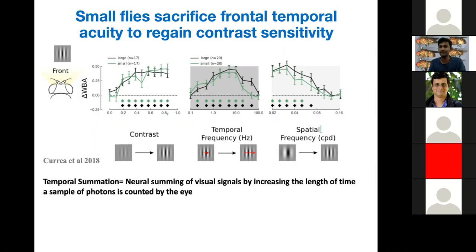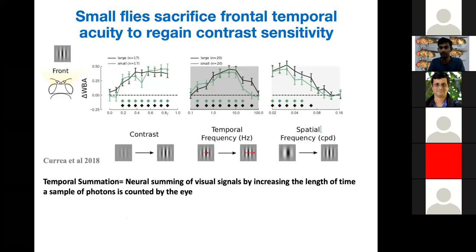You're summing visual information over time, and that helps you increase the contrast of the image that you see, so that increases your contrast sensitivity. But one drawback is that because you're temporally summating, your temporal acuity would reduce. And that's exactly what we find with the smaller flies. They seem to sacrifice their temporal acuity to recover the contrast sensitivity that they lost at the optics level.